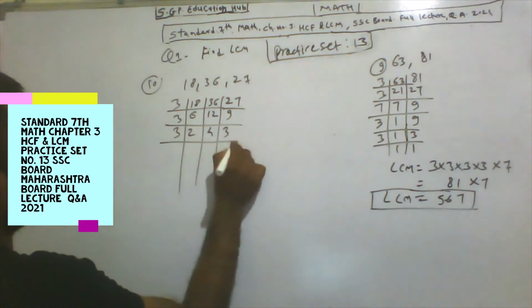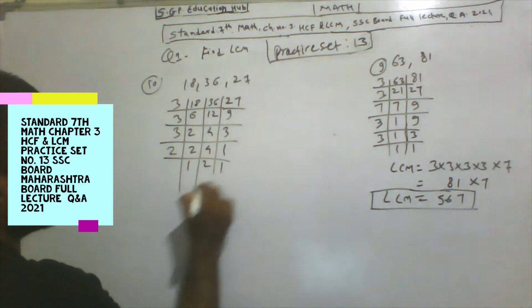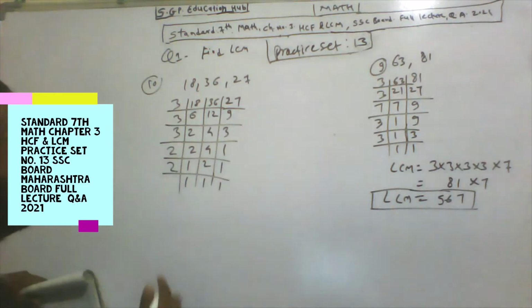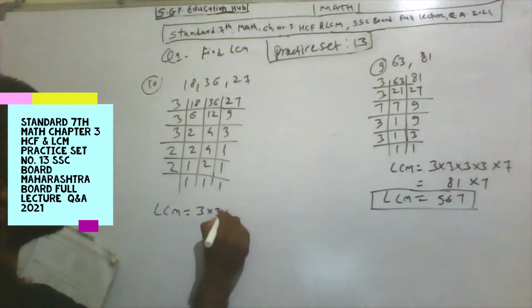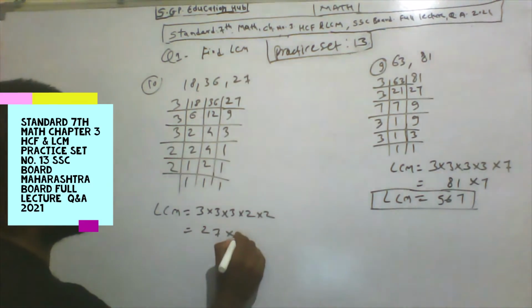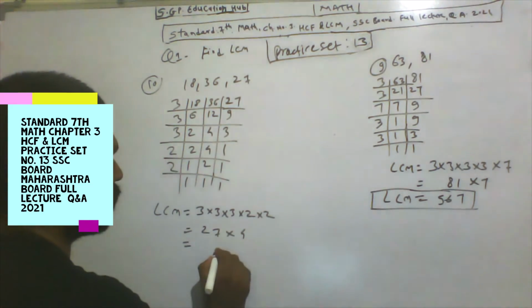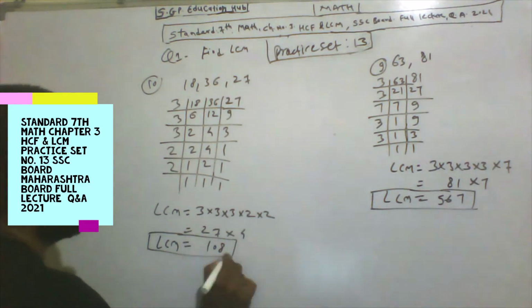Then 3 threes are 9, 3 ones are 3, 2 and 4 remain, then 2 twos are 4, 2 ones are 2, 1 remains, then 2 ones are 2. Okay, LCM is 3 three times and 2 two times. Okay, 27 into 4, 27 into 4 is 108. LCM is 108.